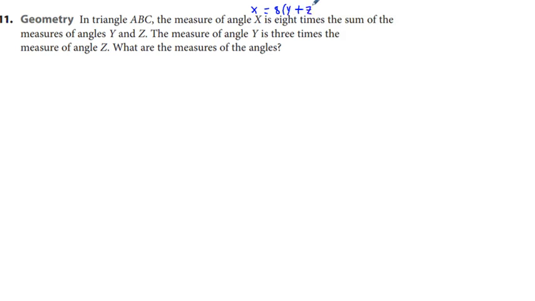Okay, so that's basically just translating this first sentence into algebra. And next one here, the measure of angle y is, again, that's an equal sign. So we say y equals 3 times, which is going to be 3z.